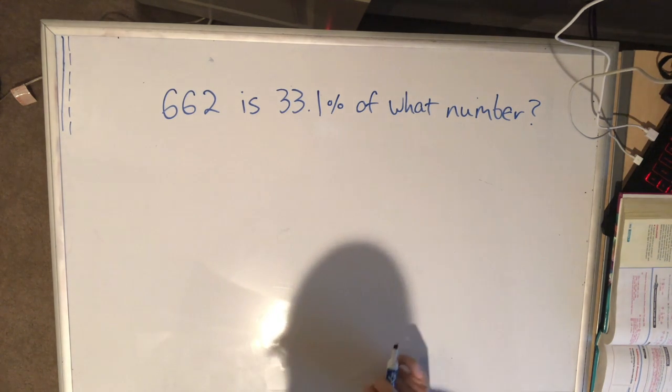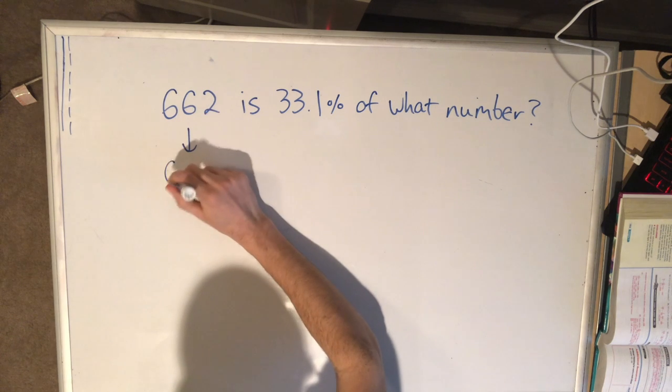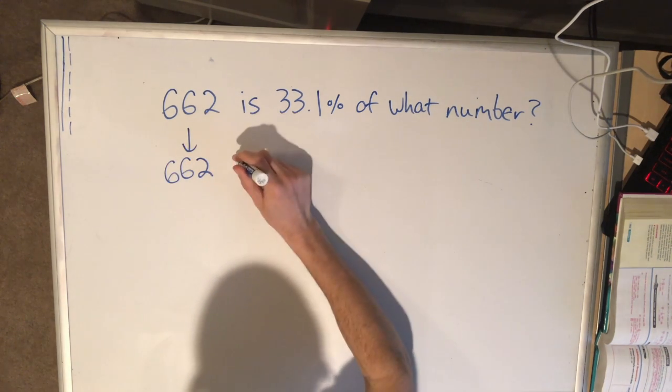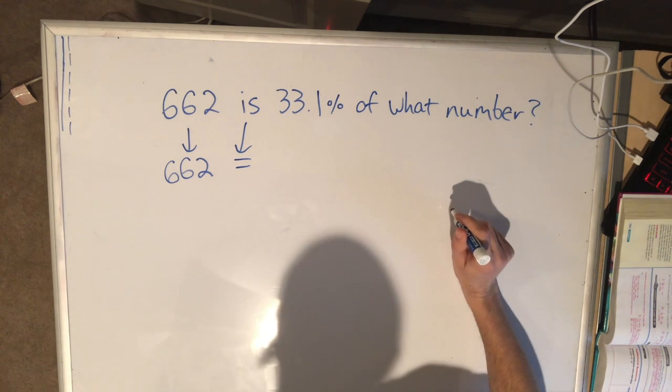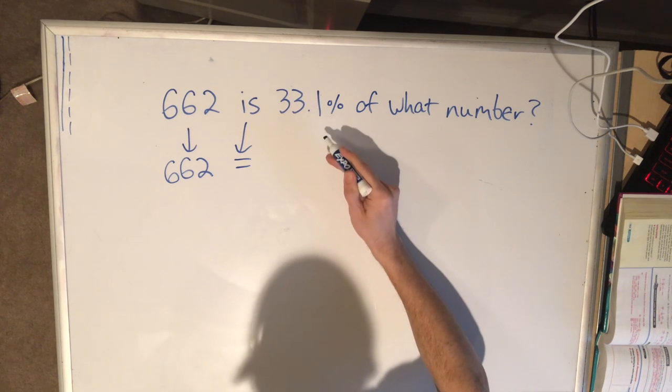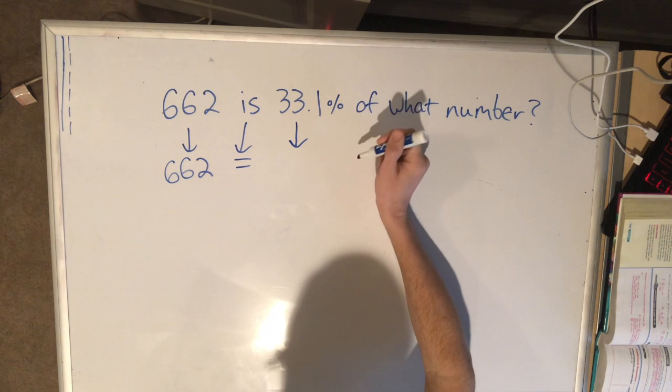Let's convert that question into an algebraic equation. So we have 662 is, which means equals, and then 33.1%. We can make that 33.1 over 100, but let's convert that into a regular decimal without a percent.